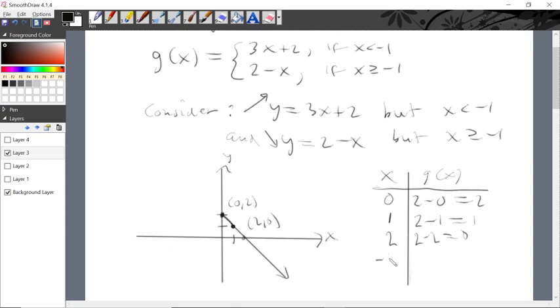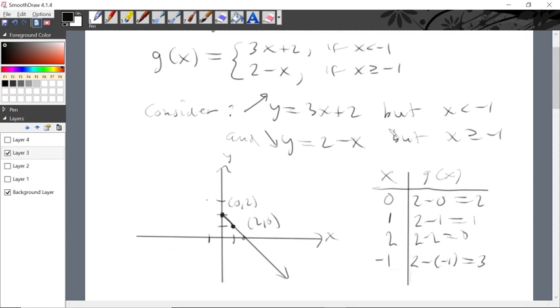So let's see what happens when x is negative 1. When x is negative 1, we're still in this rule right here, and we would have 2 minus negative 1, and that equals 3. So the point (-1, 3) would be a point as well. Is that point open or closed? I now need to consider that here in 2 dimensions. Is it a filled-in point, a solid point, or an open point?